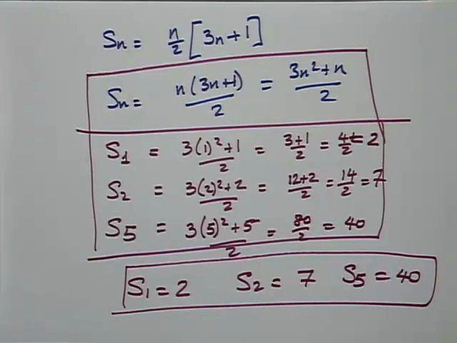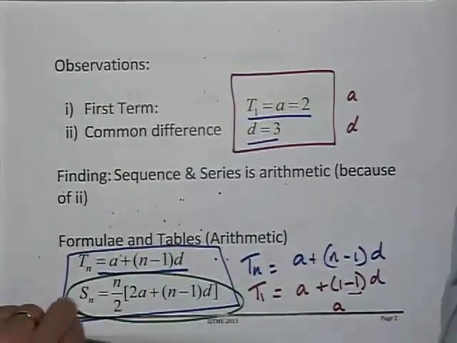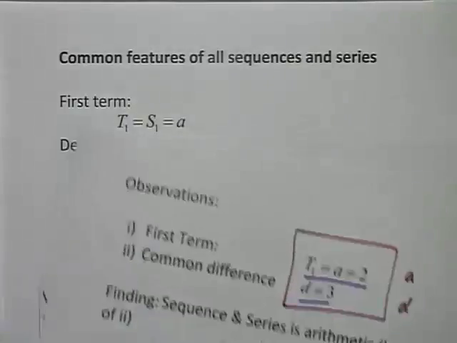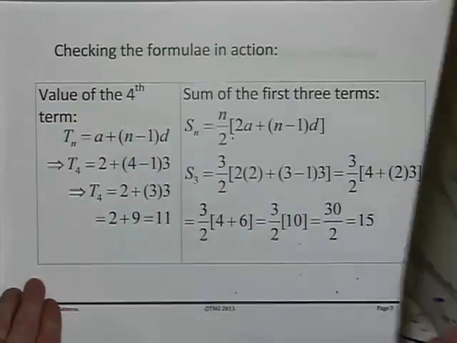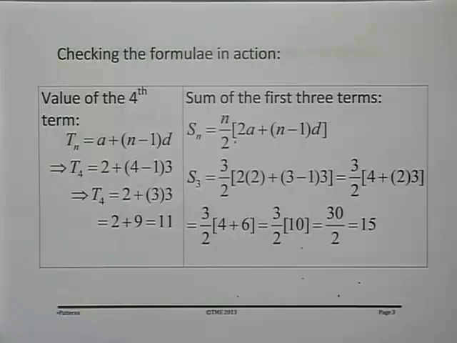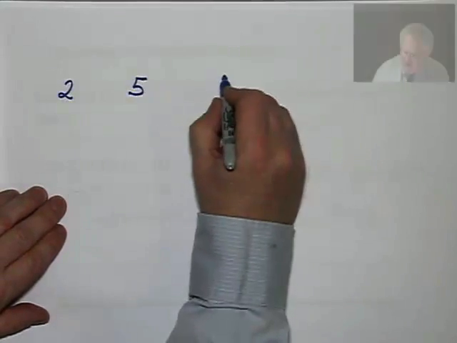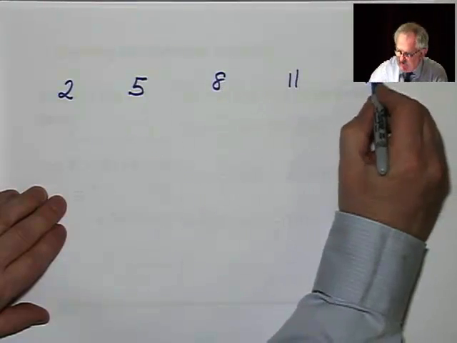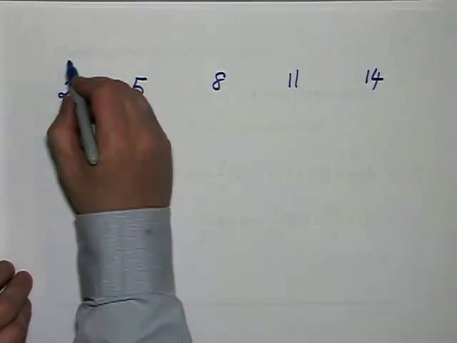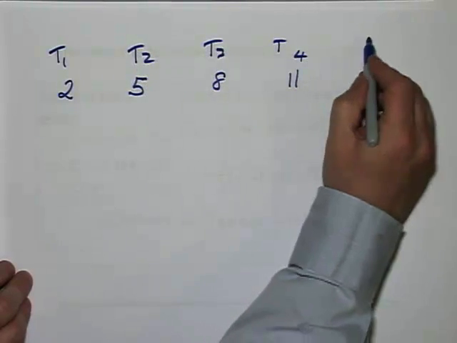Now let's see if those numbers are actually correct. Let's see if we can find the original table. We just rewrite out the original sequence. It was 2, 5, 8, 11, and 14. This was T1, T2, T3, T4, and T5.